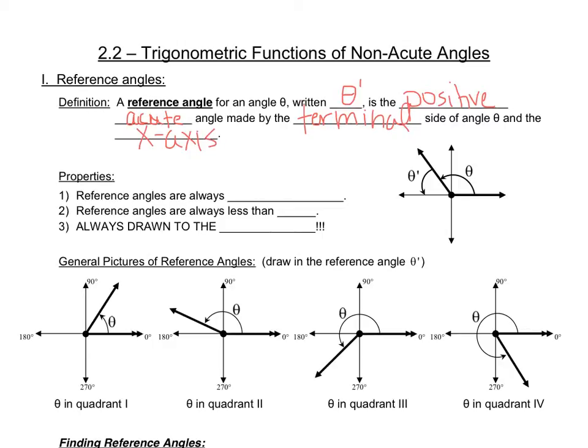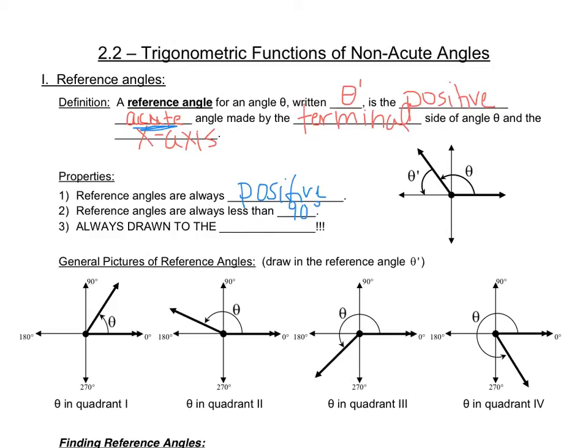So a couple key things to remember about reference angles. The first is that reference angles are always positive. Okay. And because they are acute, reference angles are always less than 90 degrees.